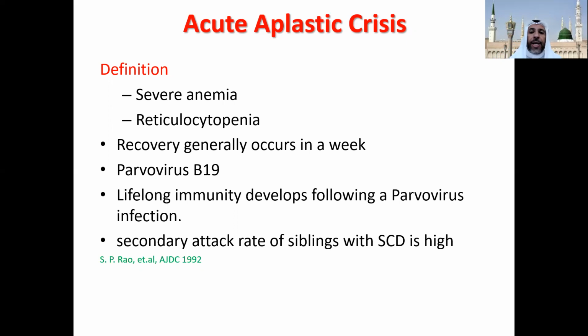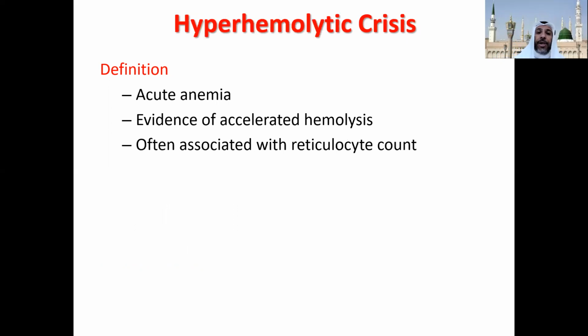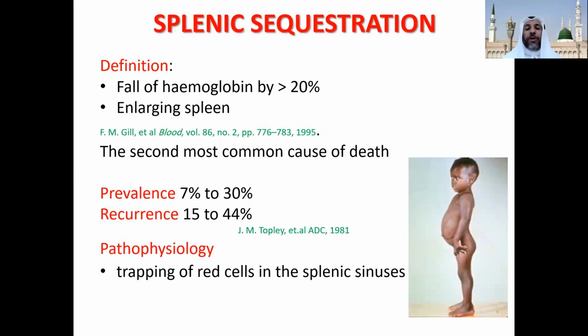So even though it will happen again, the second attack is common. Hemolytic crisis is some sort of anemia due to hemolysis of sickle RBCs. The difference from the aplastic is that the reticulocyte count will be increased in those patients, and both of them, of course, need blood transfusion.